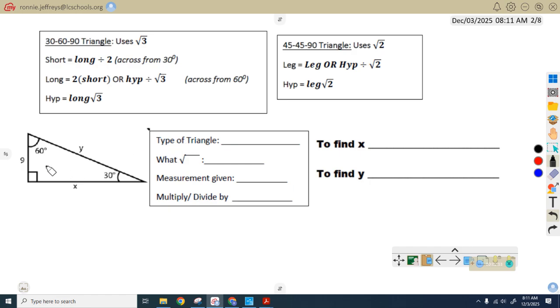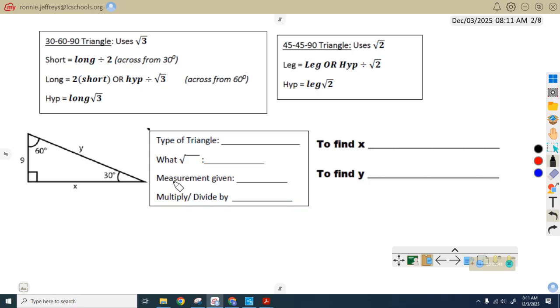All right, so what type of triangle do we have right here? That's a question I'm asking for y'all to answer. When I send this out to the parents, I'll say, go to this minute mark and listen to the silence when I ask them a question that's very obvious and they don't answer.